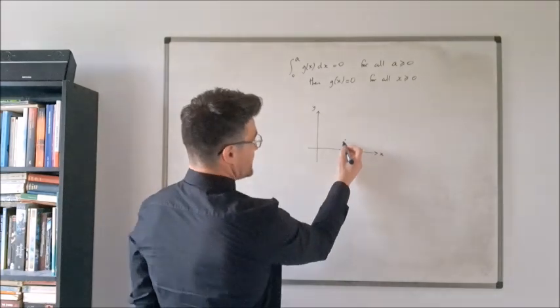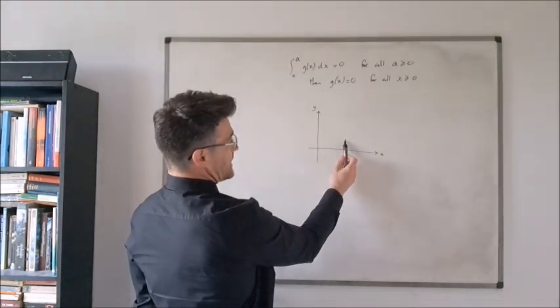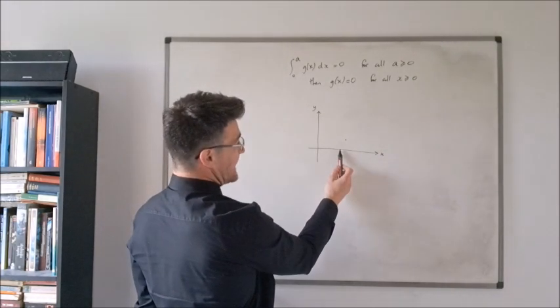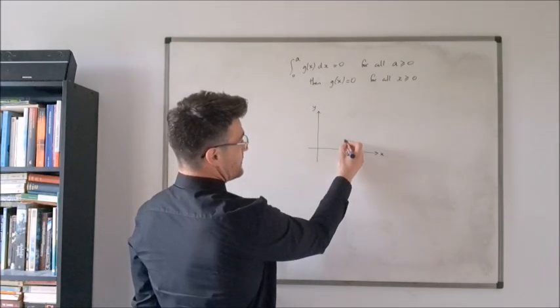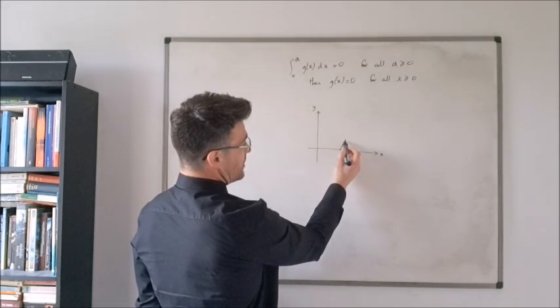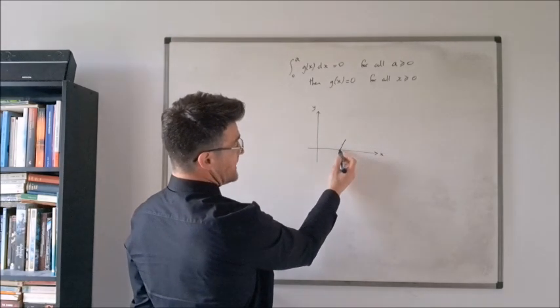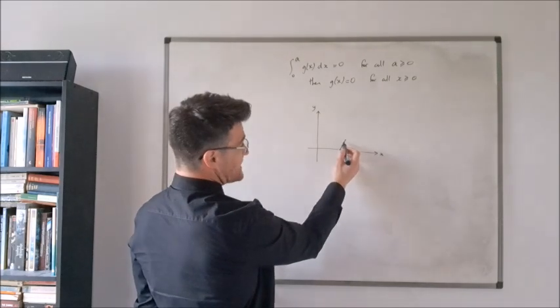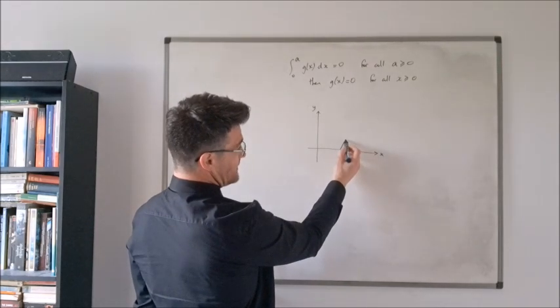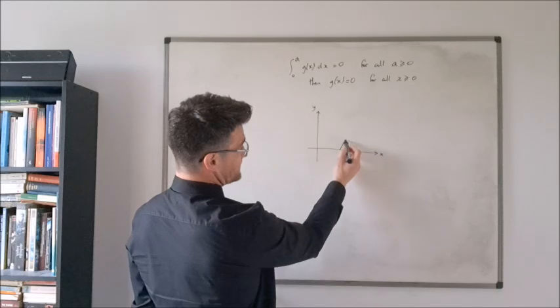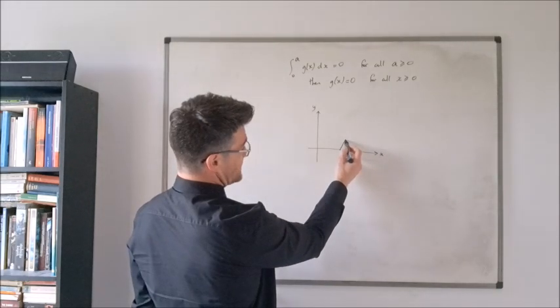So in other words, if I know that the function is non-zero here and 0 here, then it must also be non-zero for some of the values in between. And similarly over the other side.